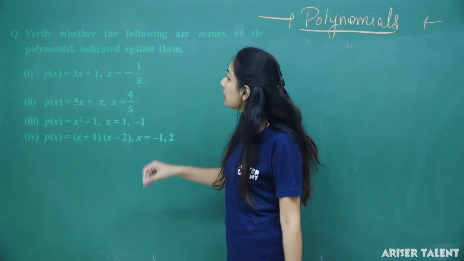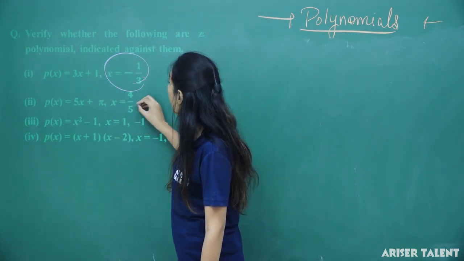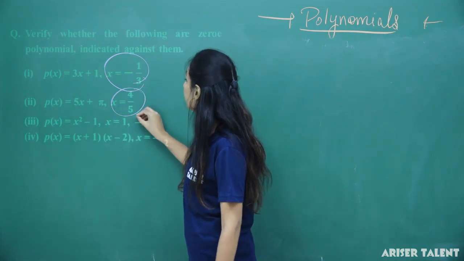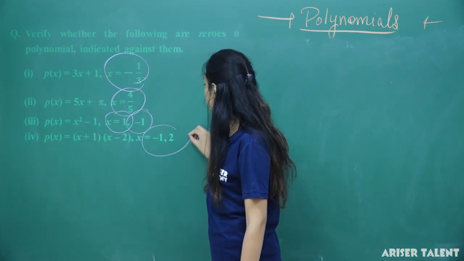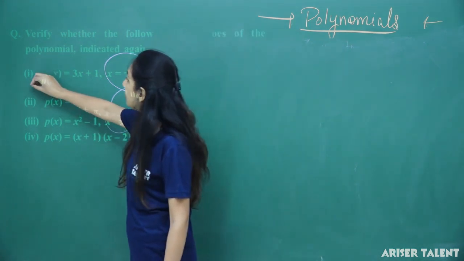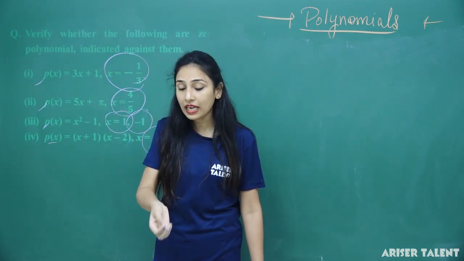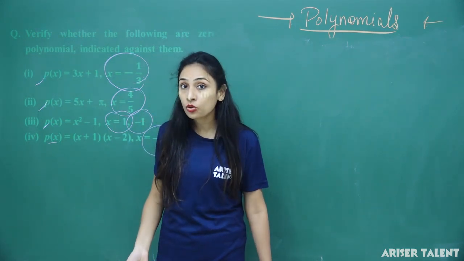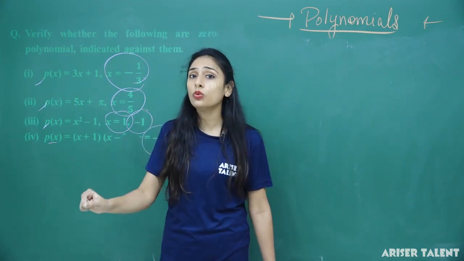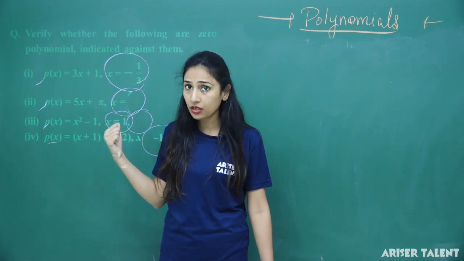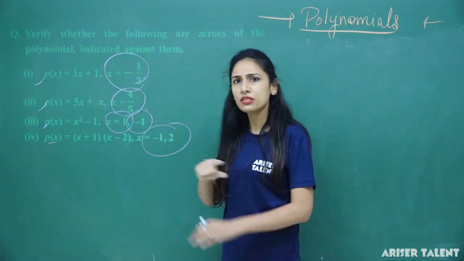What you have to do? You just have to put these values, like x equal to minus 1 by 3, x equal to 4 by 5, x equal to minus 1 and plus 1, and x equal to minus 1 and 2, and find out whether the value becomes 0 or not. If the value becomes 0, that means this is a zero of the polynomial, and if the value does not become 0, any value other than 0, when you put the given x, then this is not a zero of the polynomial.